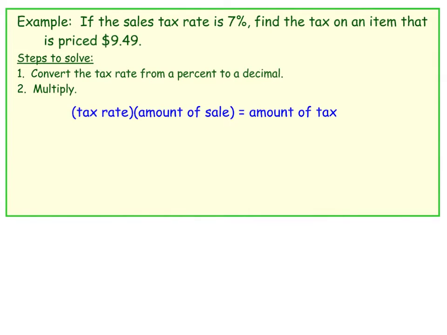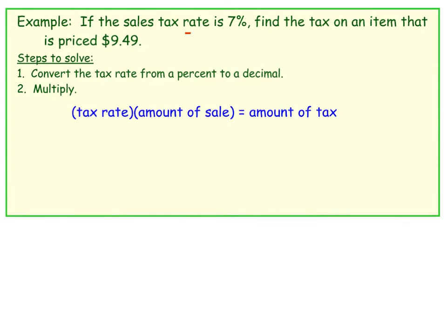In our first example, it states that if the sales tax rate is 7%, find the tax on an item that is priced at $9.49. And you will see here that we gave you some tips or some steps to solve. The first step is that we're going to convert the tax rate from a percent to a decimal.